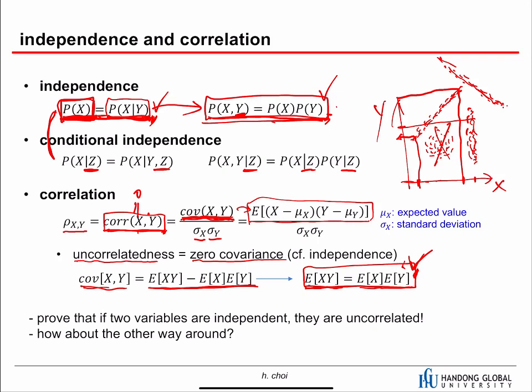We can prove that if two variables are independent, then they're uncorrelated. You can try that by yourself. And how about the other way around? As I said, even when they are uncorrelated, sometimes the two variables are dependent.